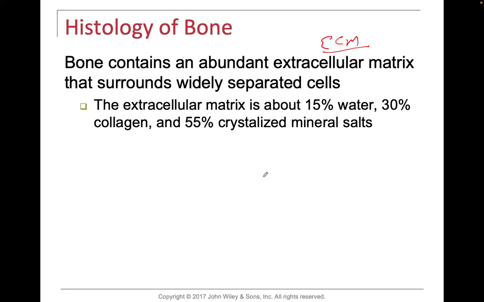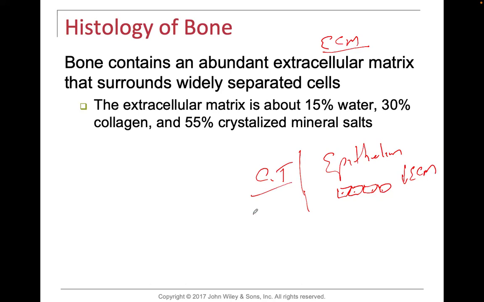Remember what connective tissue is compared to epithelial tissue, or epithelium. Epithelium is when you have a bunch of cells that are closely packed together, like cuboidal cells, with very little extracellular matrix.